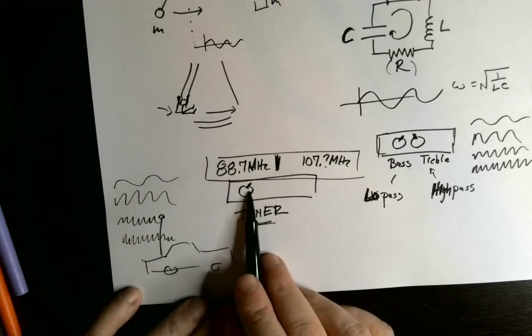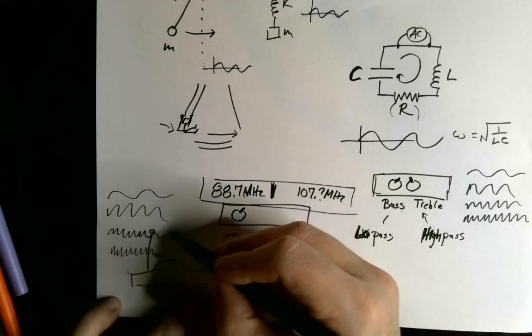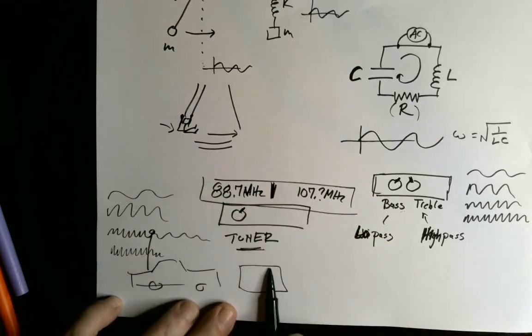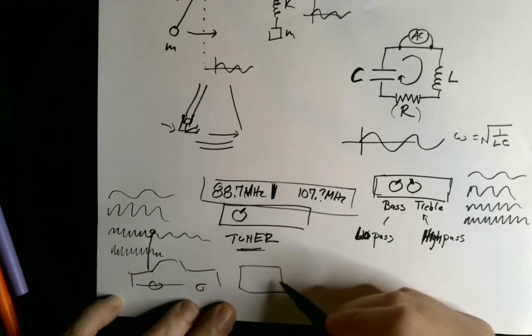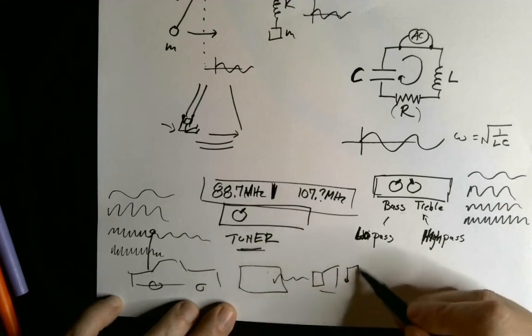What the tuner does is it changes the capacitance in a circuit to only select out one of those particular frequencies to resonate with the electrons in the receiver and cause the electrons to move back and forth and send that signal to your speakers and make music.